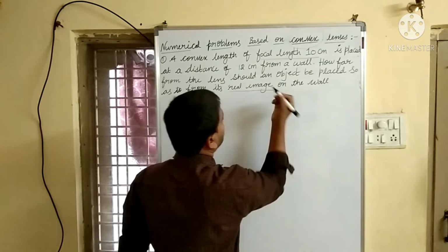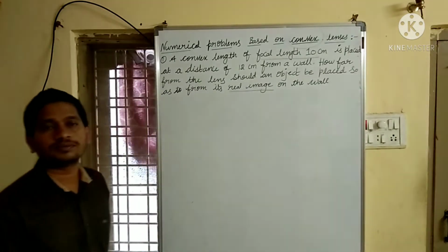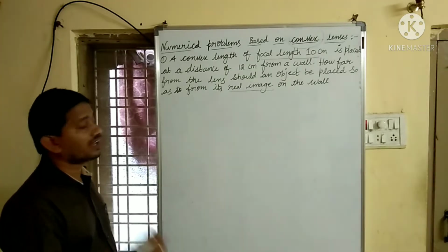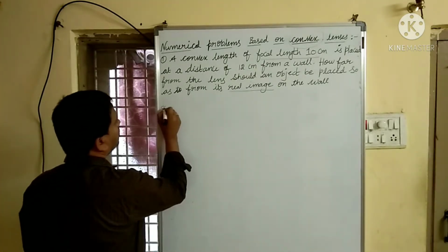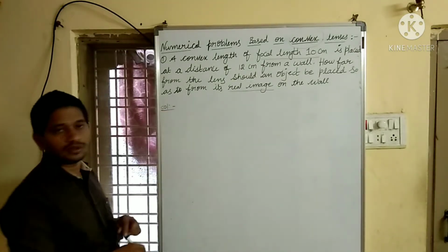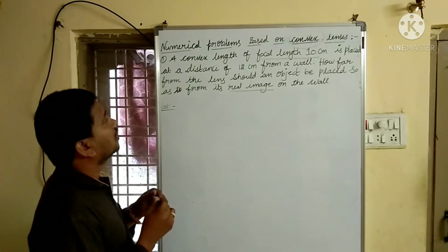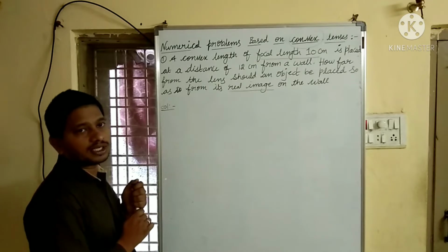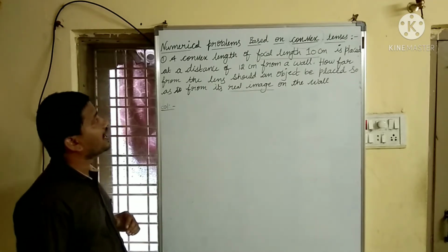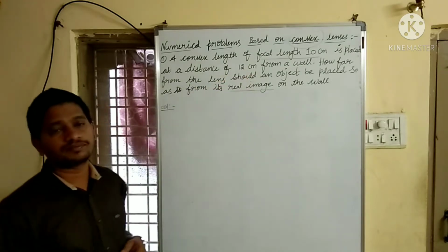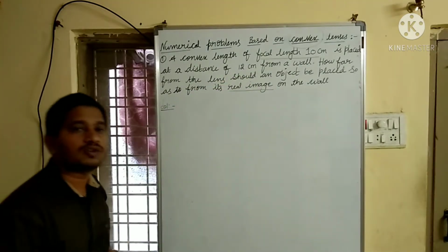Which image? Real image on the wall. So try to understand the question. What is given? Given focal length is 10 centimeter and image distance is 12 centimeter.